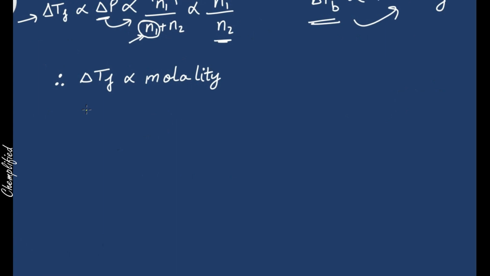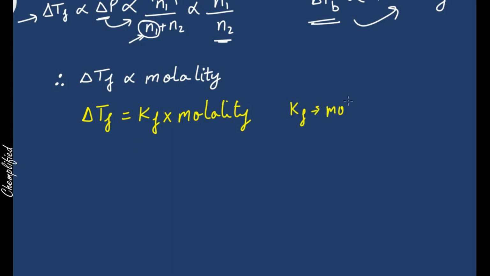We can write it as delta Tf is equal to Kf multiplied by molality, where Kf is the molar depression constant.